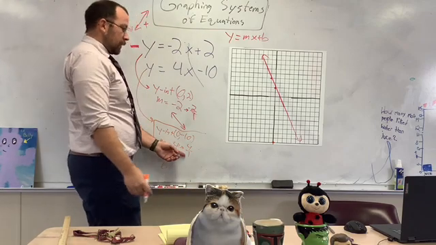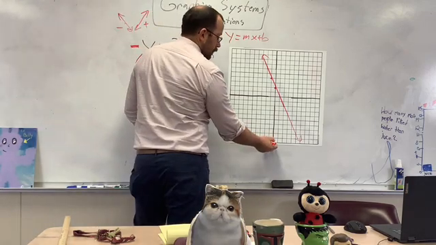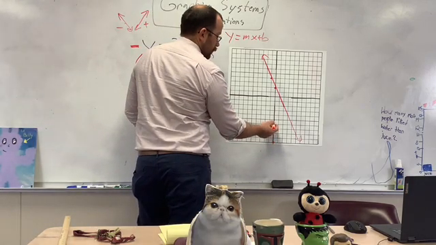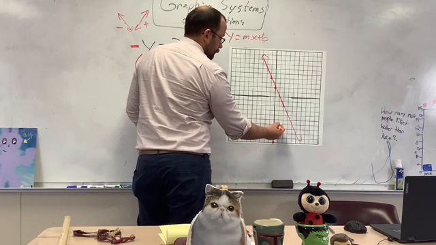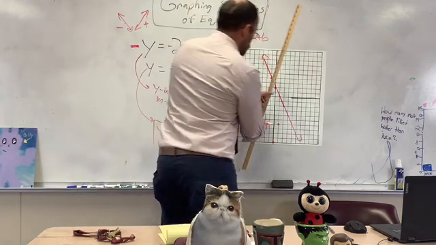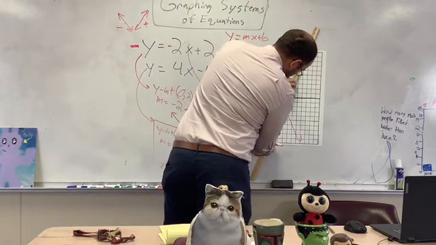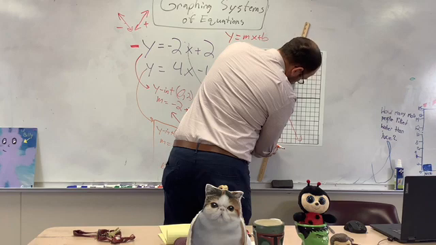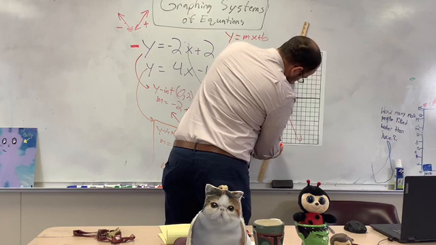And then I do my slope. Rise over run. Rise up 4 over 1. Then I connect the dots.